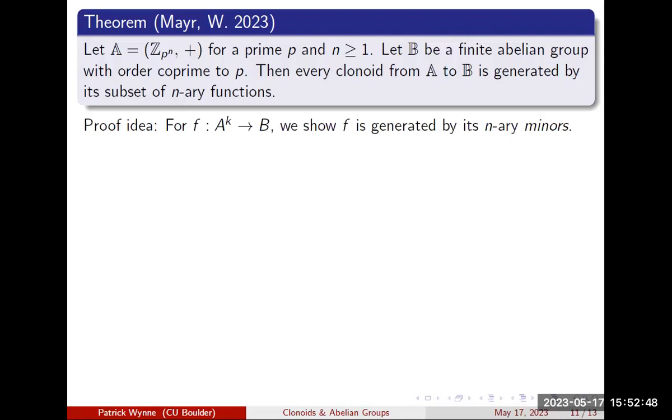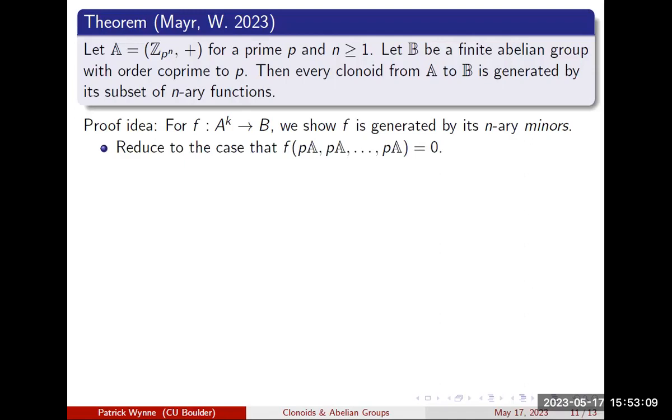So the idea is again similar to what we did when this prime power was power 1. We want to take an arbitrary function, decompose it, see what the n-ary functions that it generates are, and then reconstruct f from those n-ary functions.